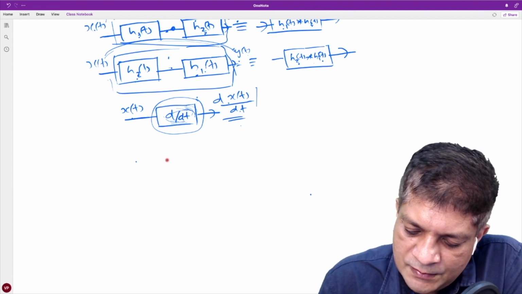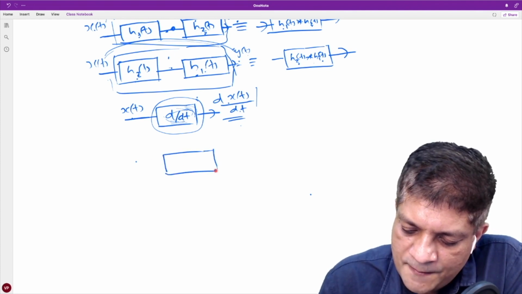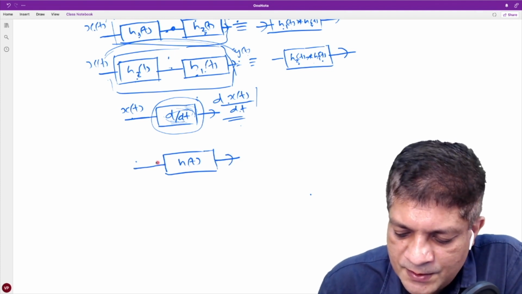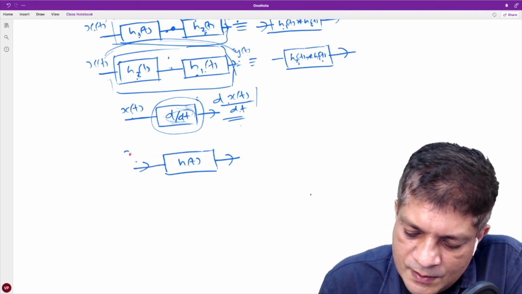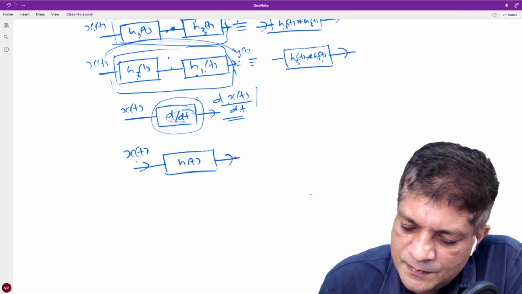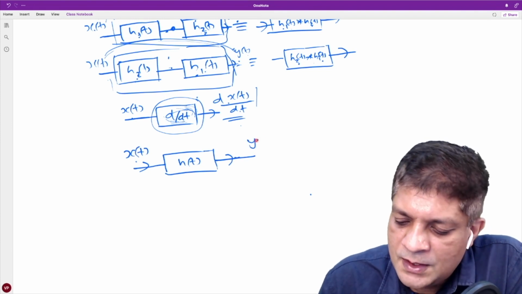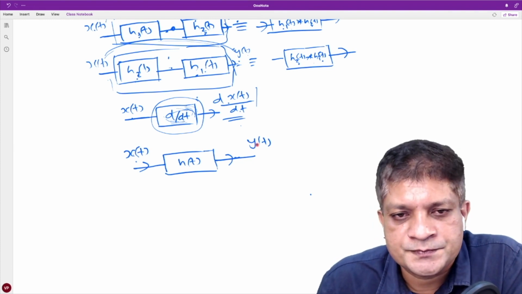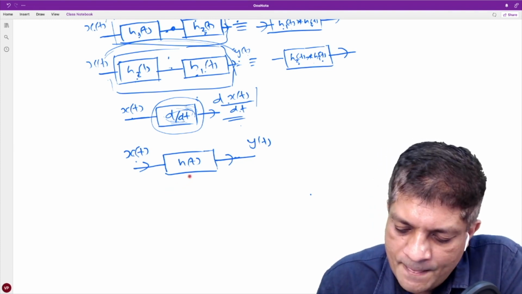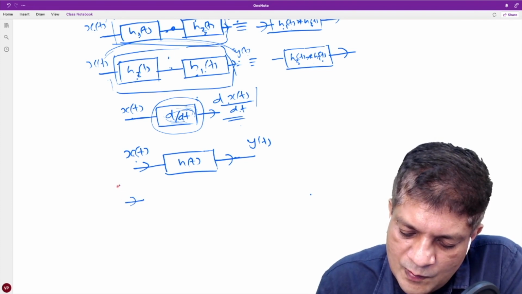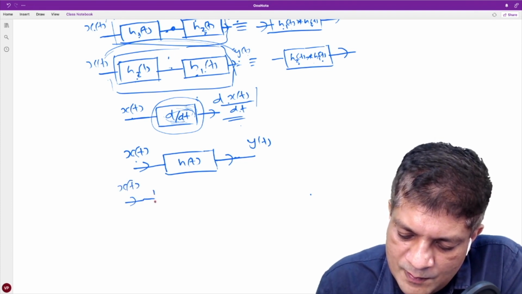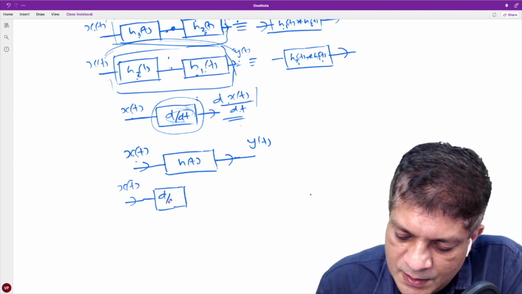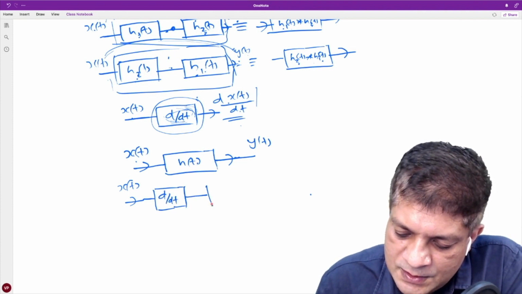Now suppose we have an LTI system having impulse response h(t). Let's say the output corresponding to x(t) is y(t). This is a linear time invariant system and I am passing its output through a differentiator.